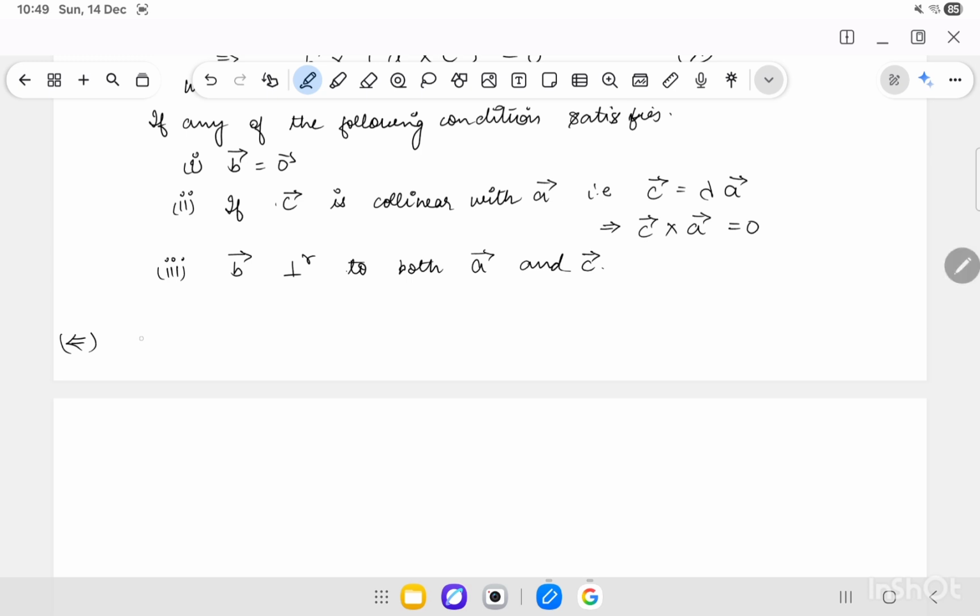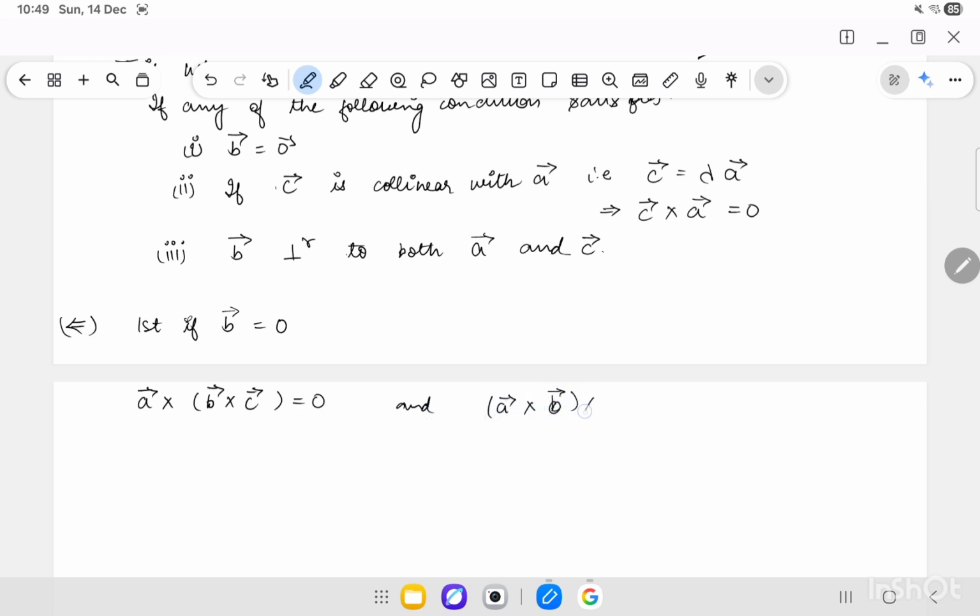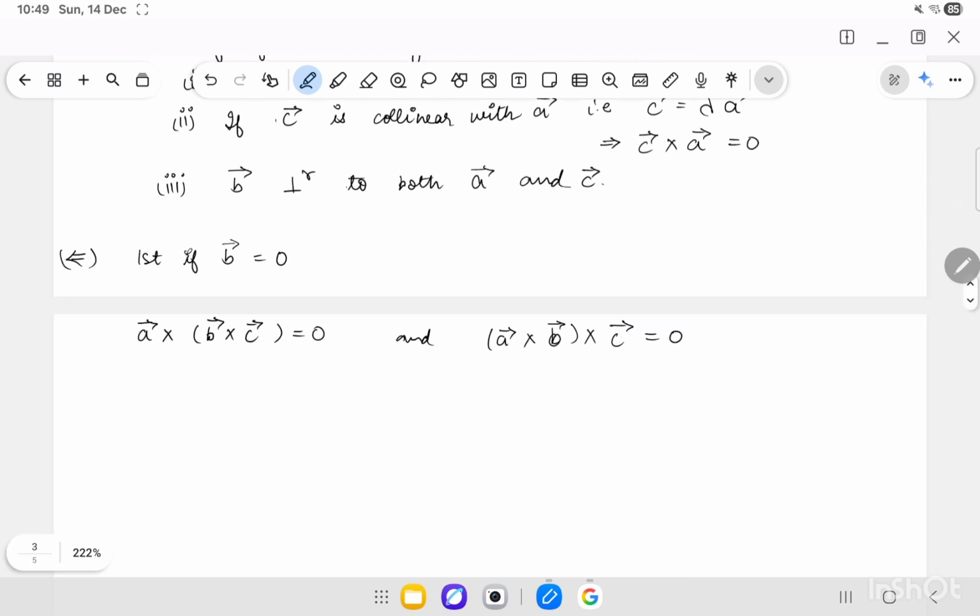So first, let us assume the first condition: if my B vector is the 0 vector, then A cross B cross C is equal to 0, and also A cross B cross C is equal to 0, because I have assumed my B vector is 0. Then in that case we can say that this relation holds.